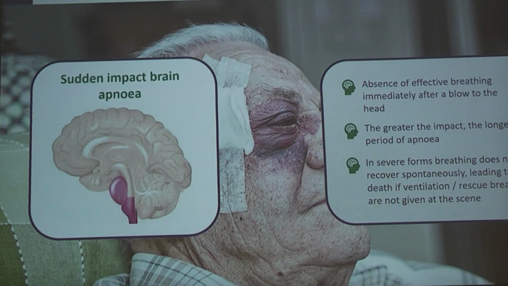Unfortunately, the patient had an unsurvivable brainstem bleed, so they still died, but the pathology was that they died because they couldn't breathe, not because of anything else going wrong with it. So it's important to recognise this, okay?